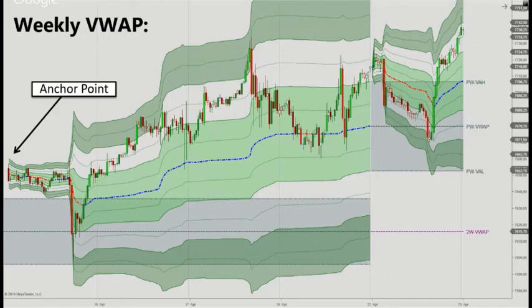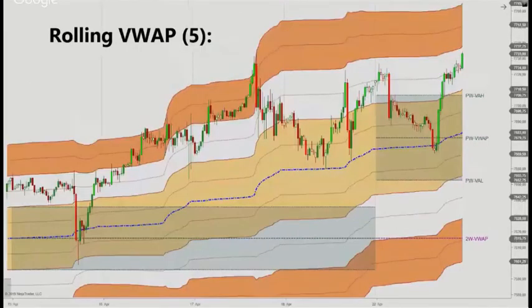So by using a rolling VWAP, a period of 5 days here, we can create a moving weekly calculation. The rolling VWAP is not anchored at the beginning of the week, but is taking data from the previous session, moving it forwards. So you'll therefore have an accurate reading at the outset of the week.